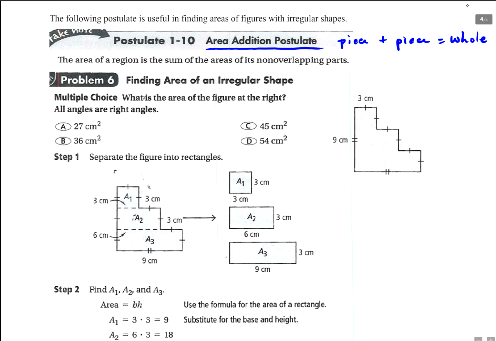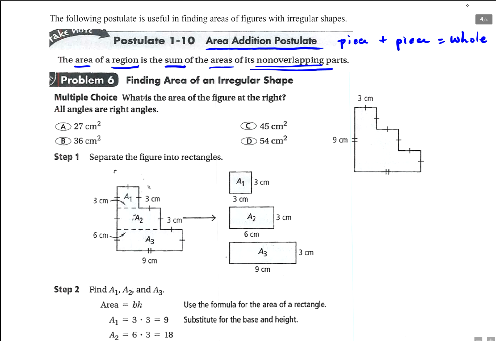And what do you suppose the area addition postulate does? It allows us to add areas. And so if we have an irregular shape, it says the area of a region is the sum. So we're going to add up all the areas of non-overlapping parts.